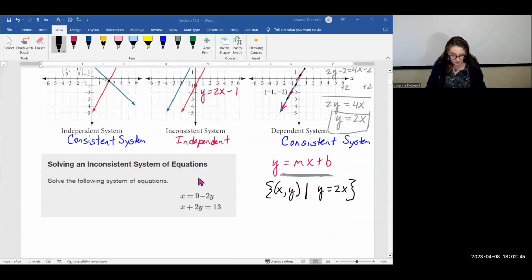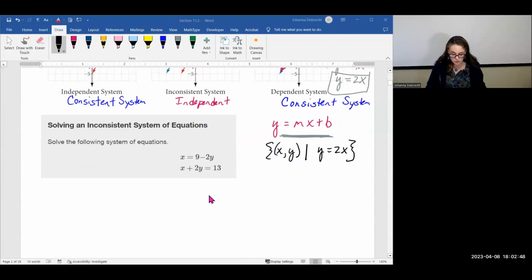All right. So when we're looking at this situation, we're given this right here, and we can use substitution again. So if we use substitution, notice I'm going to go ahead and number my problems. So this is problem 1, and this is problem 2. This time, notice that I've got it solved for x in both equations.